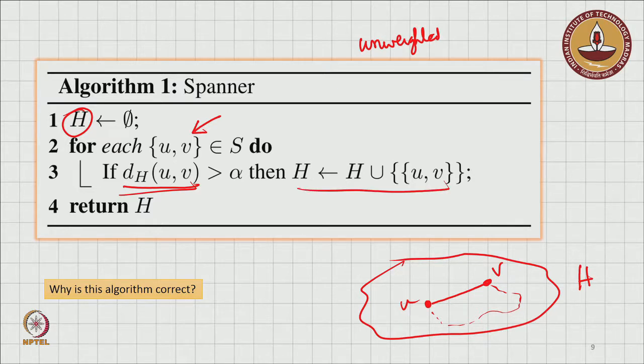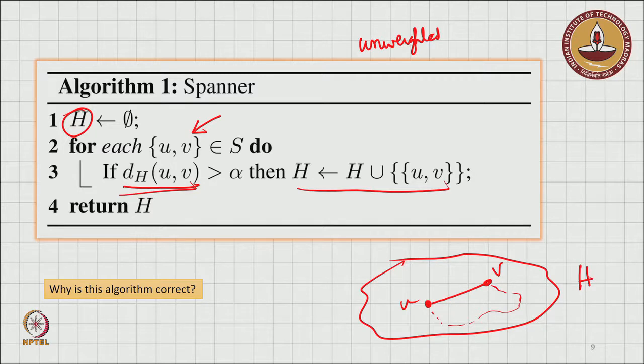Now if this condition were to hold and we did not add UV, then we are immediately violating the alpha spanner condition. Okay, so that's why we must add UV. And as it turns out, just by ensuring that UV is added when this condition is encountered, the algorithm overall is correct.